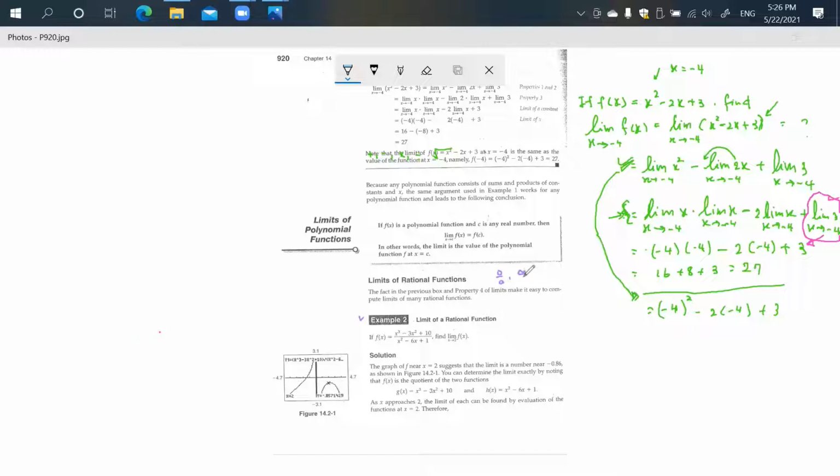Remember the others, infinity over infinity, or undefined. In some cases undefined can be the answer, but especially these two, 0 over 0 and infinity over infinity, we have to go to the next step, because they're indeterminate and may have a value.